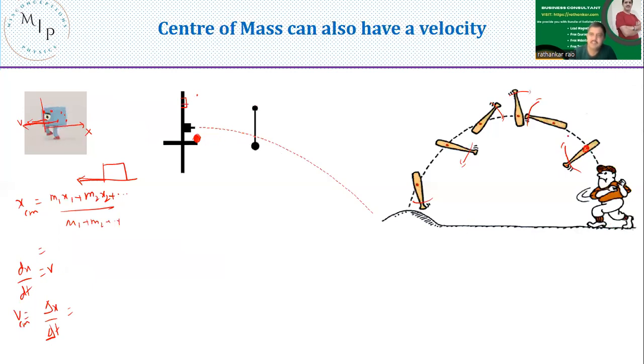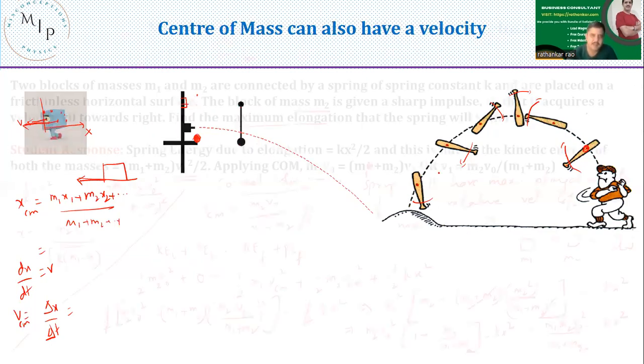It changes its direction every time. But after a long while, the center of mass always goes in the same projectile path, the same range. So whether it is an extended system or a small system, we write the trajectory as a function of the center of mass only. Now, with this logic, let me come back to this slide once again.